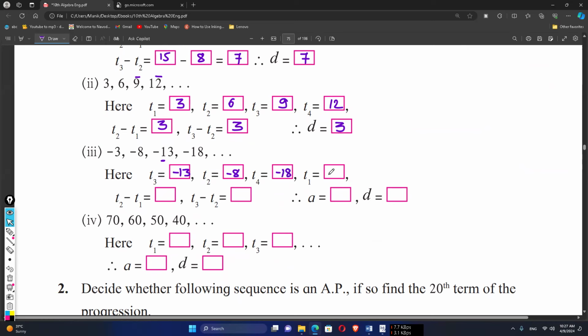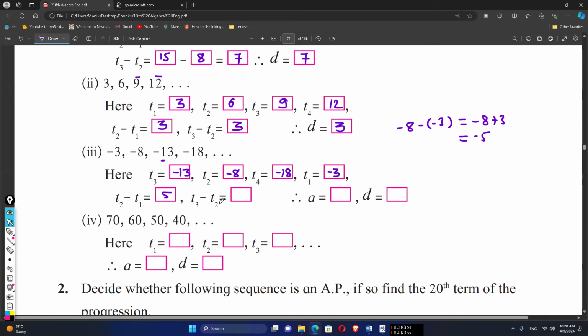And t1 is -3. Now let's find the common difference. t2 minus t1, meaning -8 minus (-3), which is equal to -8 plus 3, meaning -5. So t2 minus t1 is -5.